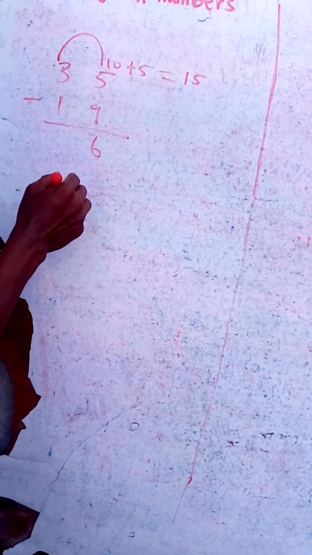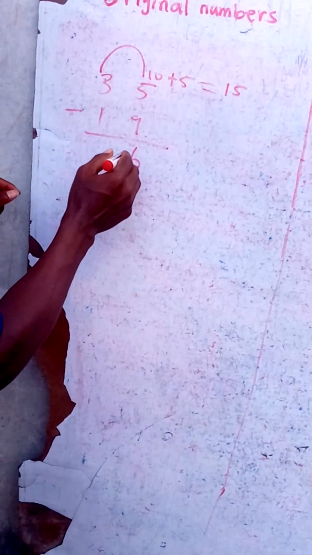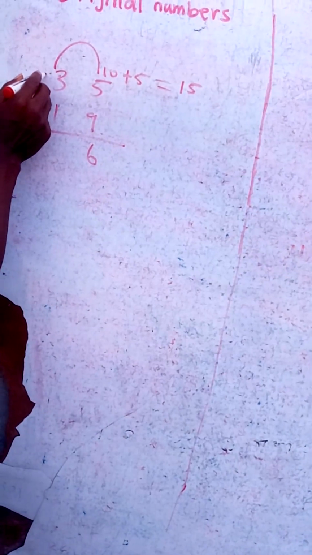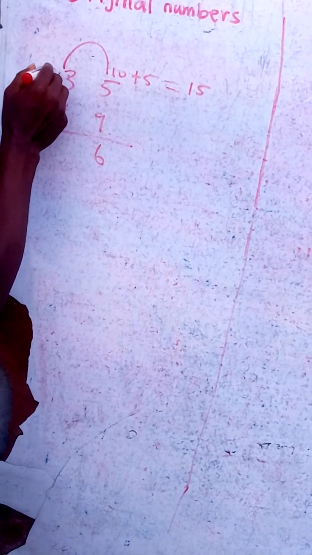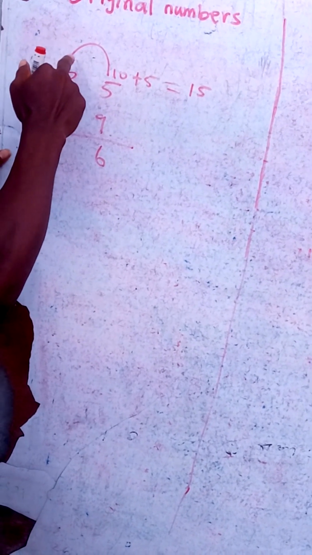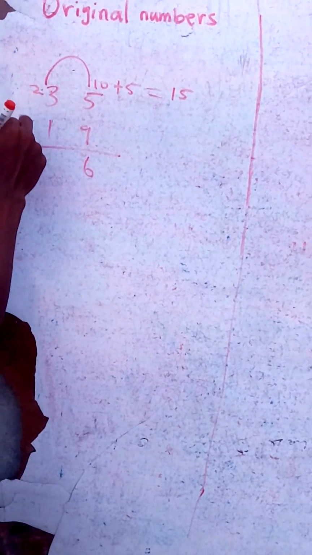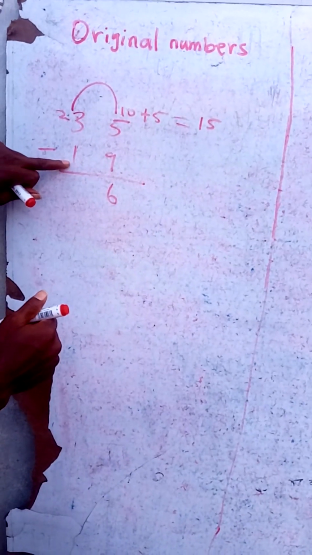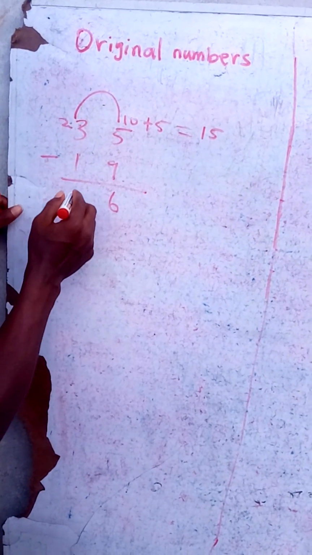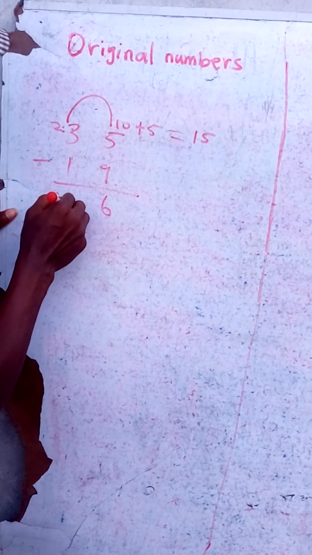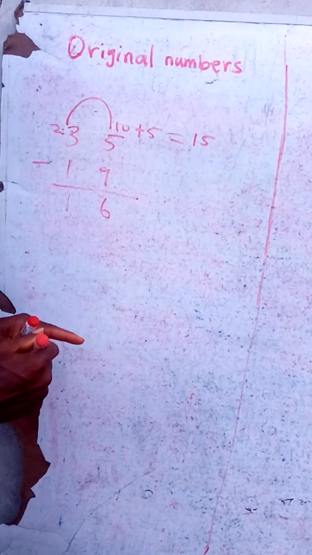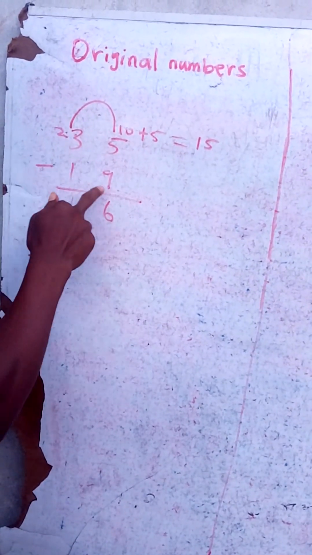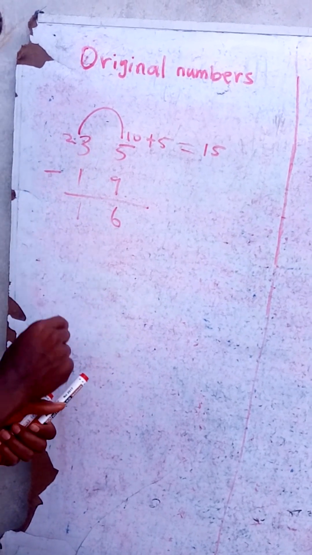You can write down 6 because it's less than 10. What will be left here is 2 because we took 1 from 3. Out of 2, take away 1, what will be remaining is 1. So you see that 35 minus 19, the answer is 16.